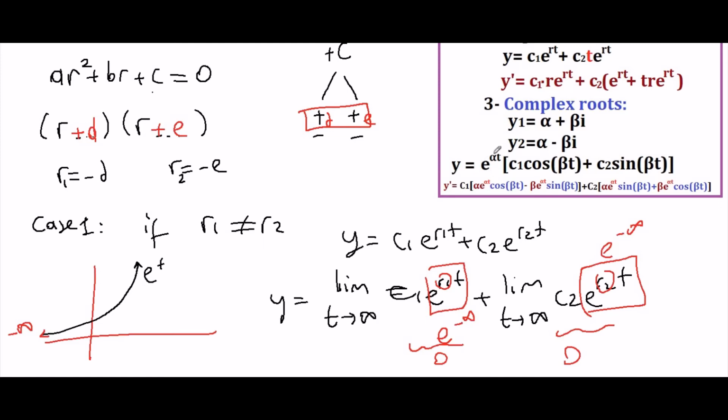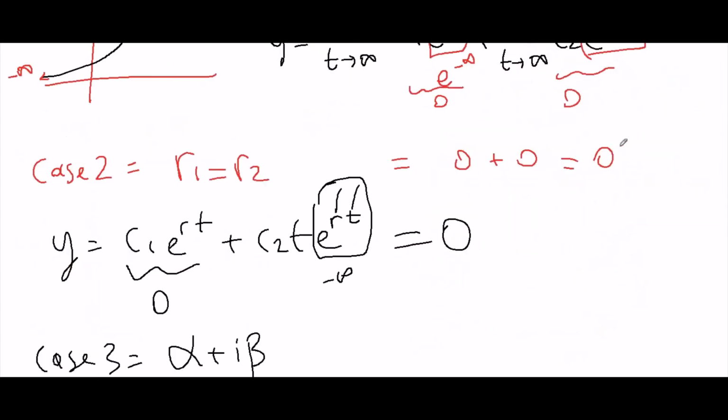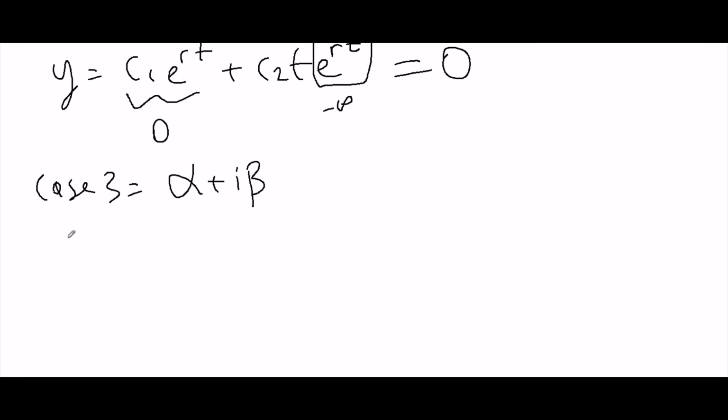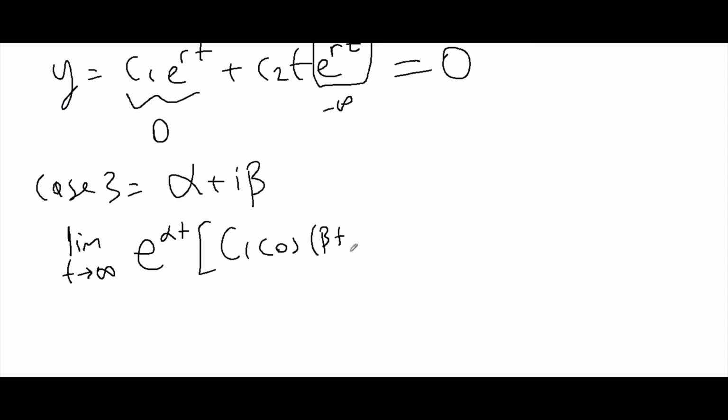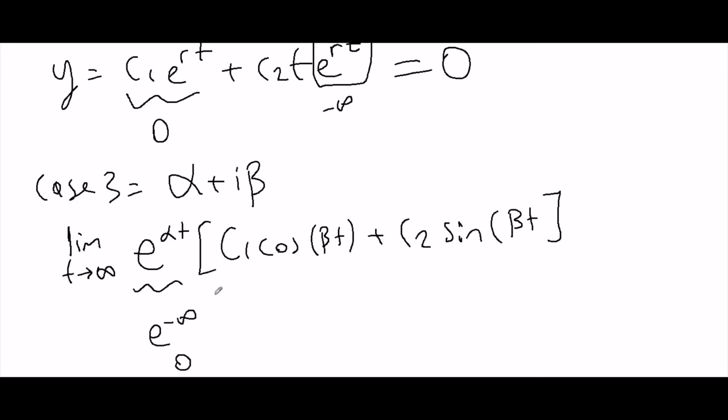So e to the negative infinity is 0, and 0 times everything here also approaches 0. But you need to rewrite the limit as t approaches infinity of e to the alpha t times c1 cosine of beta t plus c2 sine of beta t. This approaches 0 because e to the negative infinity is 0, and 0 times everything here will be equal to 0.